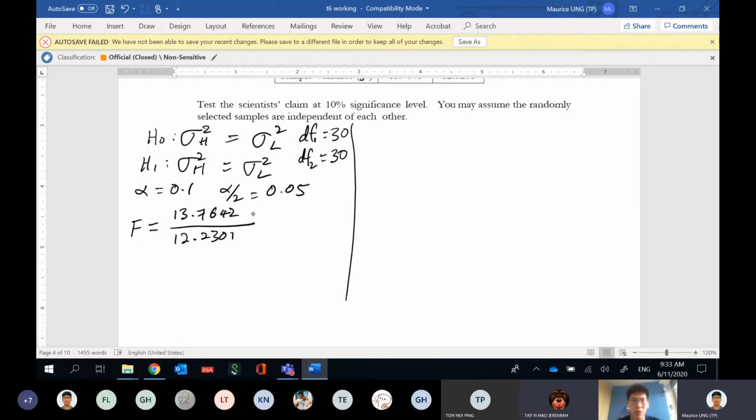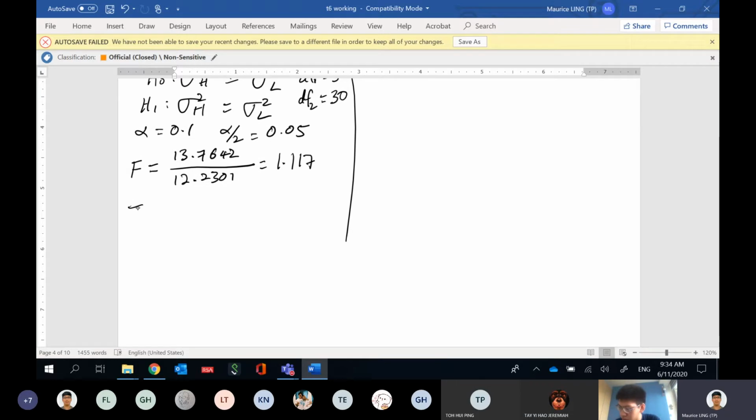So here, what is your F result? 1.117, about 1.2. Then, what is the critical value? It will be F 0.05, 30, and 30, which is 1.61.